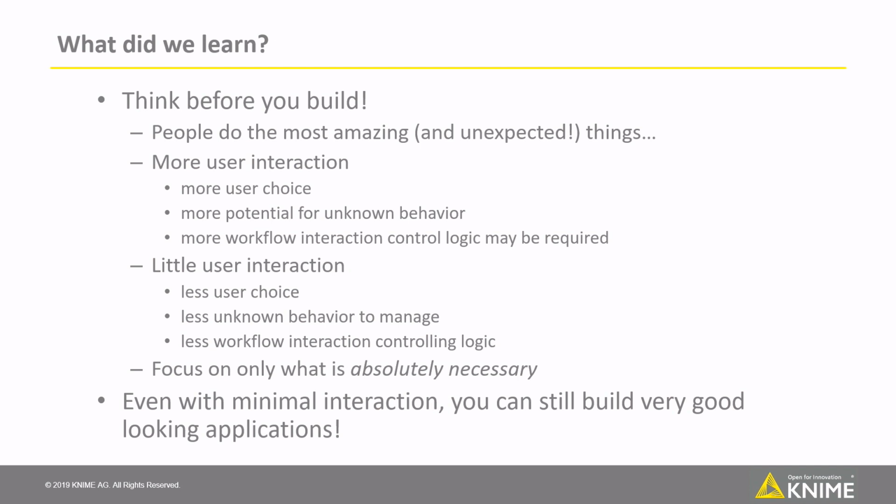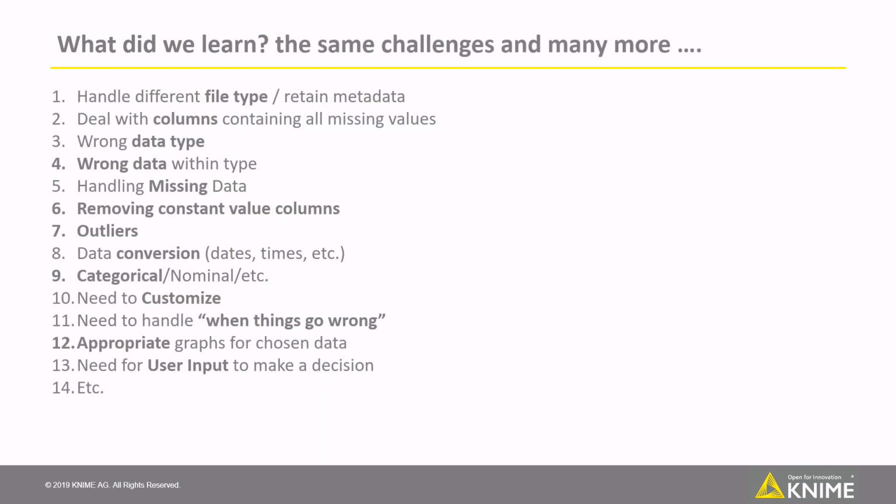So one of the balances we discovered was that with more user interaction, you might possibly need more things like control logic, some of the things that Maarit was showing you. If there's little user interaction, you might not need some things like that. When you're first putting the application together, it's easy. But just remember that the more interaction, depending upon what it is, the more you may need to do.